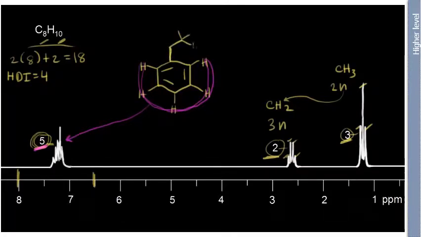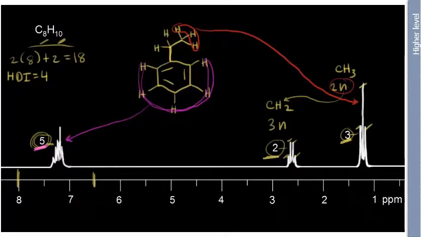So let's draw in all of our protons. So we have these protons and we have these protons. And let's color coordinate here just to make sure everything makes sense. So these red protons right here, they must be giving us this signal, so these methyl protons, right? We'd expect 2 neighbors because we have 3 peaks on our signal. And here are the 2 neighbors, 1, 2, so 2 neighboring protons.